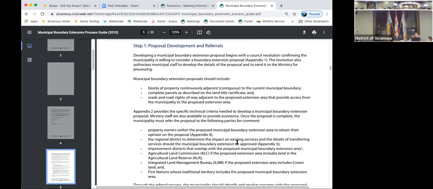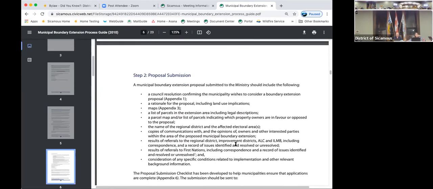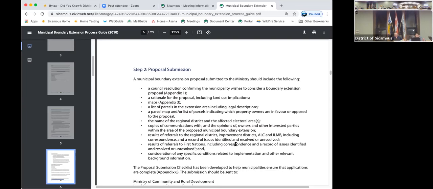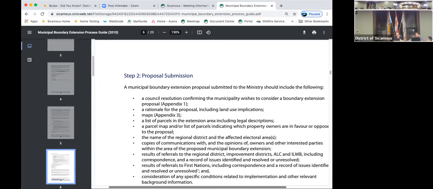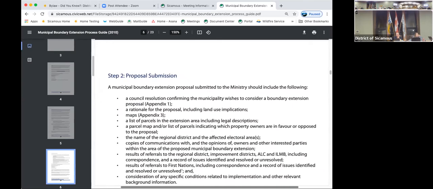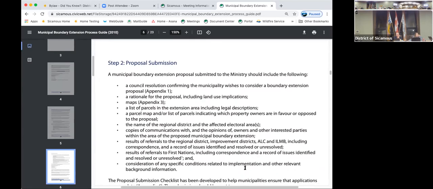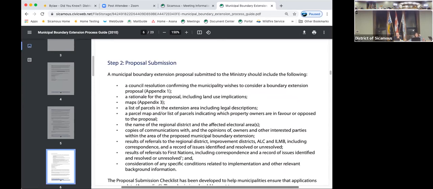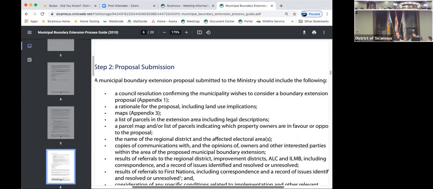Basically, there are three major pillars that make up an annexation or boundary extension application to the ministry. The first pillar requires a resolution from the District of Sicamous to explore annexation and boundary expansion, to notify the ministry that this governing authority considers an annexation proposal has merit to, if anything, seek exploration.